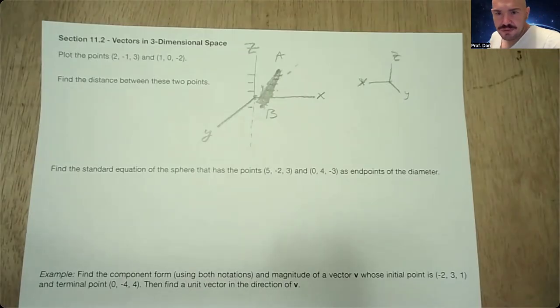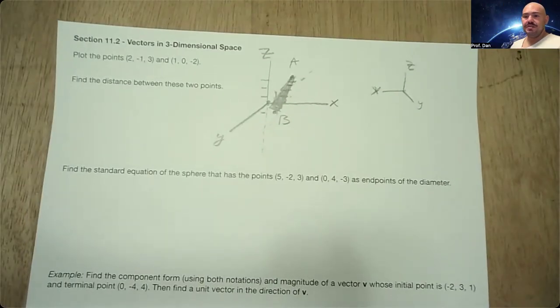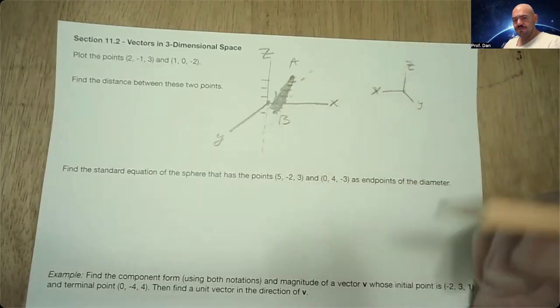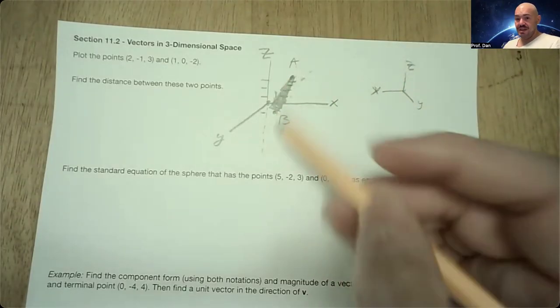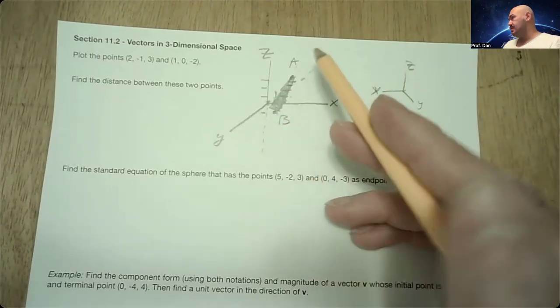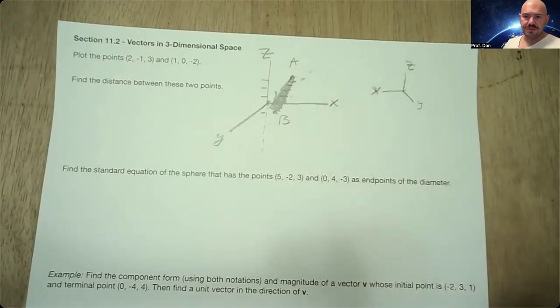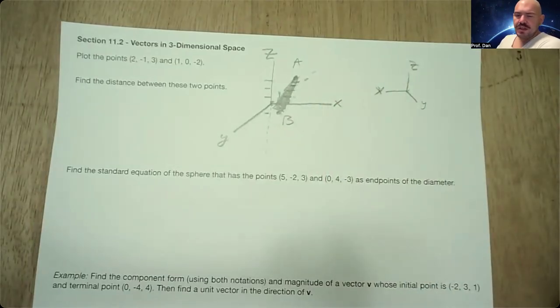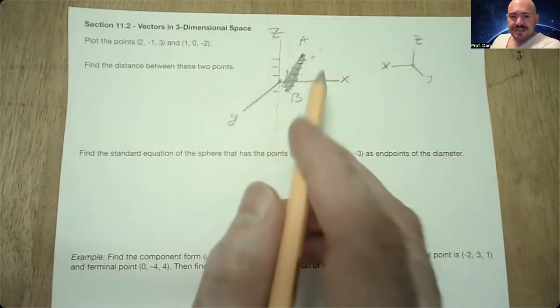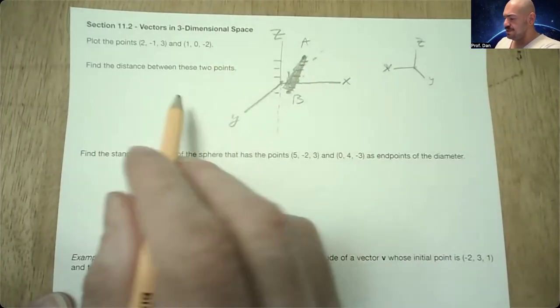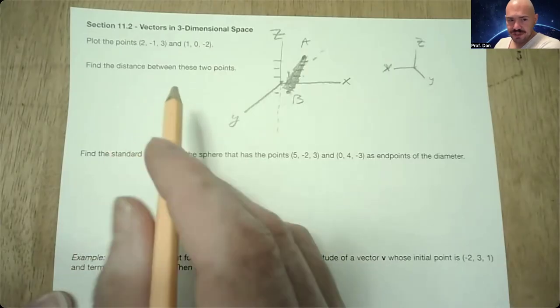It's mainly to kind of get this idea to come across that you're either going in or coming out of the page, right? It's still a line. It's still super, super thin, right? This is just a way for us to tell what direction we're going. All right, so to find the distance between these 2 points, we can actually use something very similar to what we did in 2 dimensions.